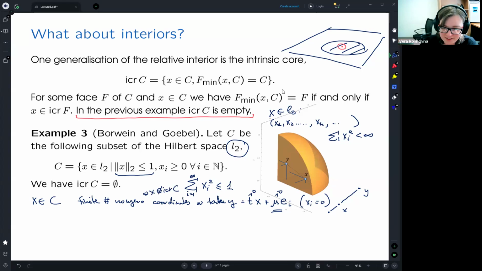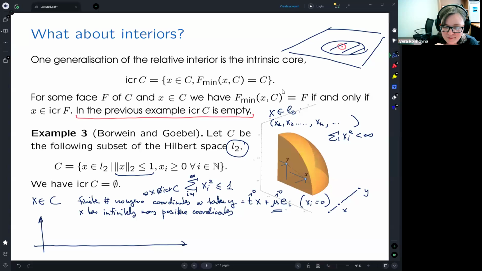But if we take something that is infinite, let's say x has infinitely many positive coordinates, then I can construct my sequence y.